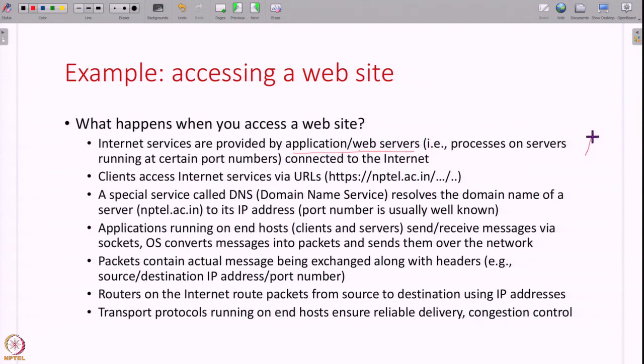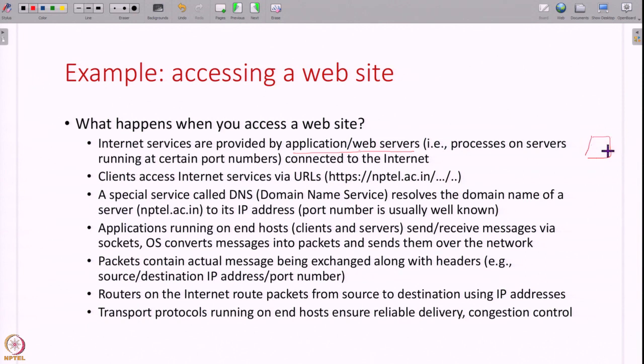You have a process or a set of processes listening on one or more machines at certain port numbers, and they have the content of the website, information about all the products being sold at an e-commerce site, or information about all reservations in a ticket booking portal, whatever it is.